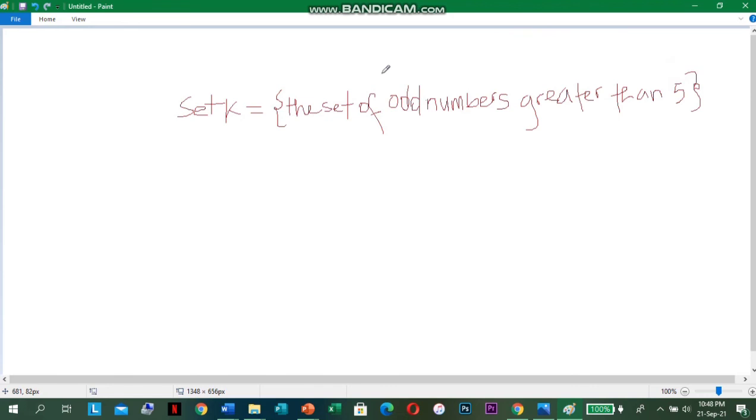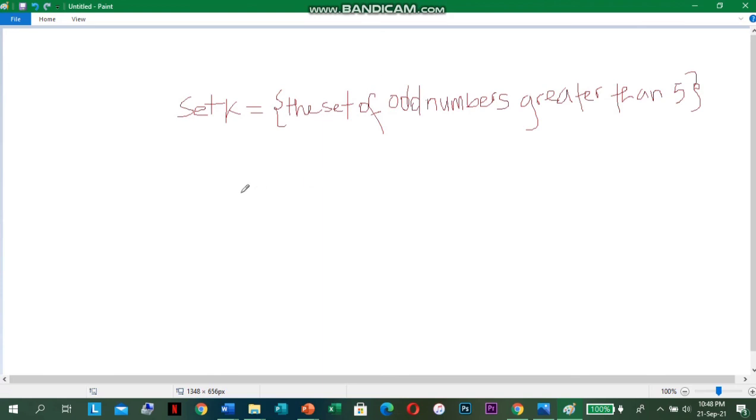In other words, they are divisible by 2, leaving a remainder of 1. So odd numbers are not even, the opposite of even numbers.